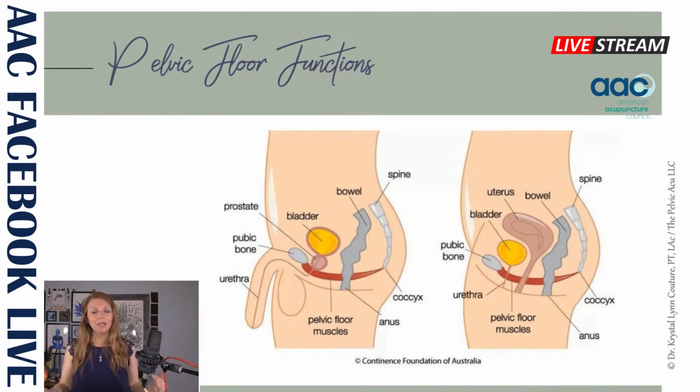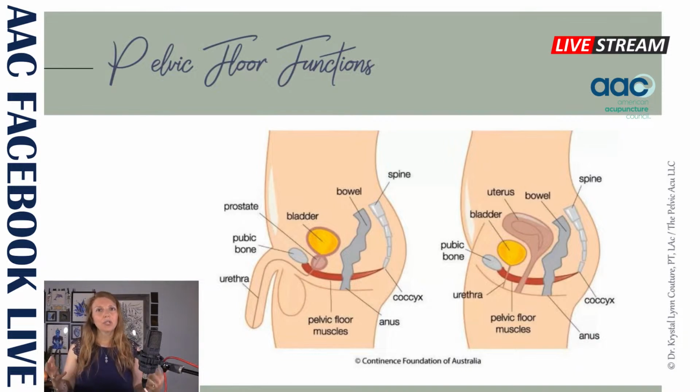And then in males, we have the bladder, the prostate, and the urethra, right? Then we have the bowel. So those are our two openings and our two spaces to consider. In females, we have the bladder opening to the urethra, we have the uterus opening to the vagina, and then we have the bowel opening to the anus.